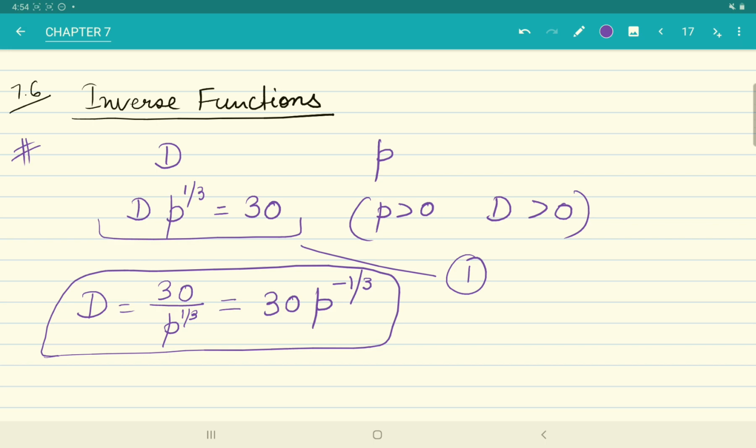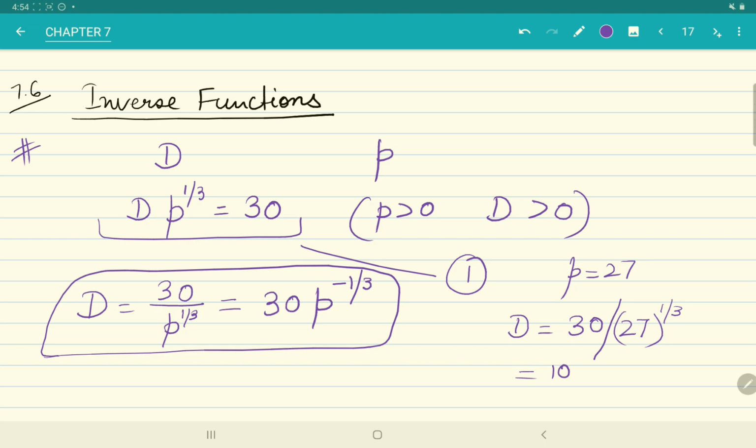So if P is 27, D will be equal to 30 divided by 27 raised to the power 1/3. Now we know that 27 raised to the power 1/3 is 3. So that means D is equal to 30 divided by 3, which is 10.